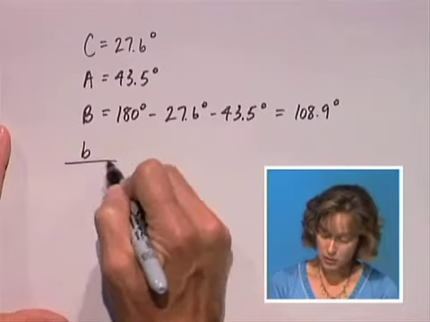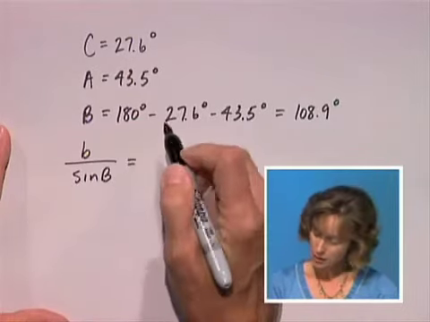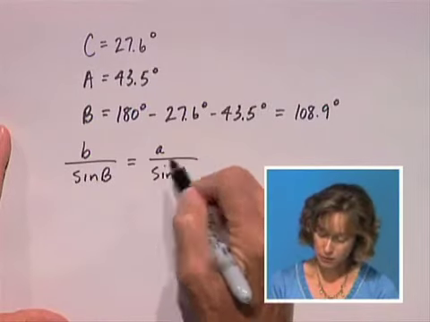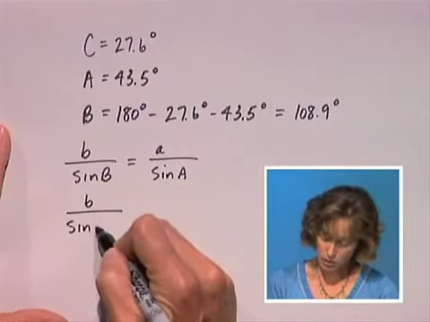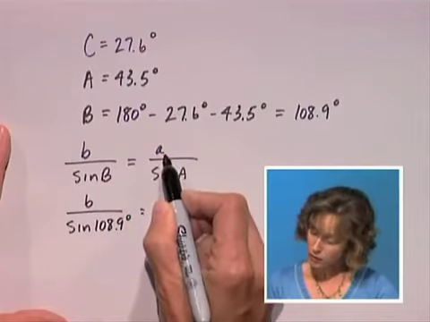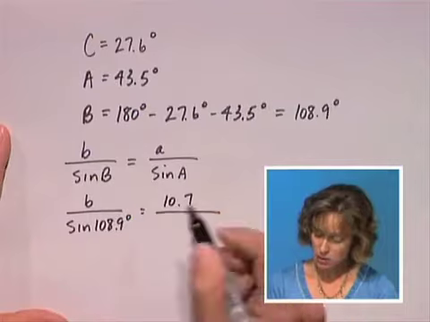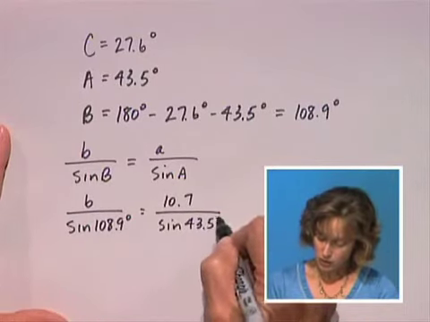Going to the law of sines, side B over sine of B is equal to side A over sine of angle A. Side B is what I'm looking for. Angle B I just found to be 108.9 degrees. Side A you can find by looking back at the original information given. It's 10.7. Angle A is 43.5 degrees.